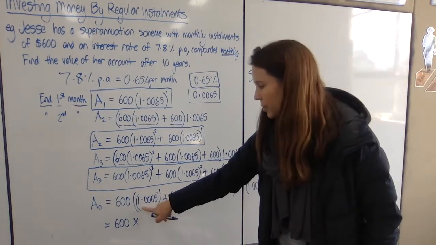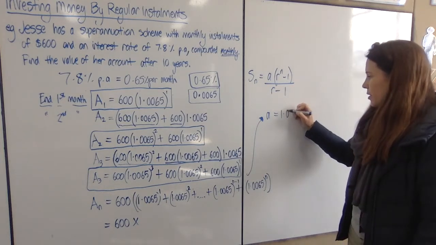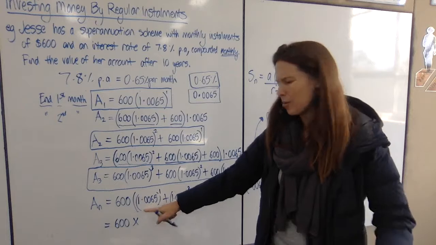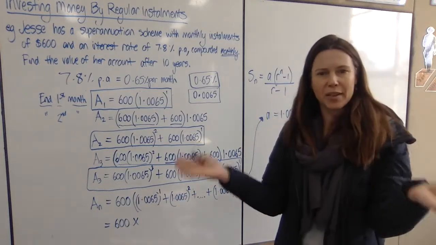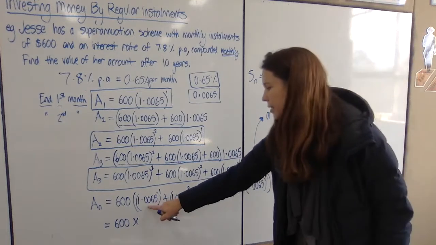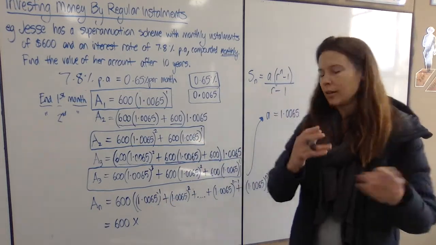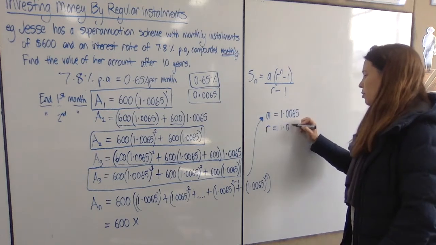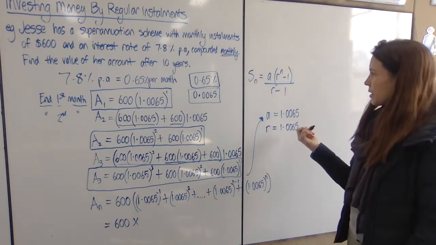Well, the first term of the series is 1.0065, isn't it? It was kind of the last term, but I just wrote them around the other way because I think that made it easier. All right, what's the rate? Well, the rate is what you need to multiply by to get the second term. That's also 1.0065. That's easy.